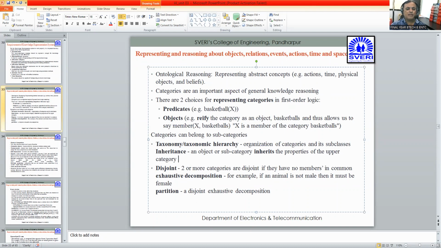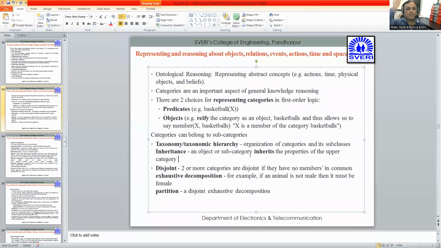We have seen two categories, predicates and objects. And then we have seen the subcategories. The first one is a taxonomy hierarchy. The second one is a disjoint. As far as taxonomy is concerned, it is the organization of the categories and its subclasses. How you organize these categories and its subclasses is called the taxonomy. So when this subcategory inherits the property of the upper category, it is called the inheritance.